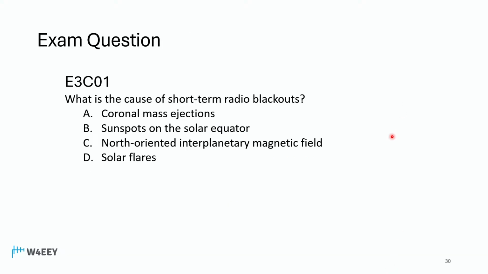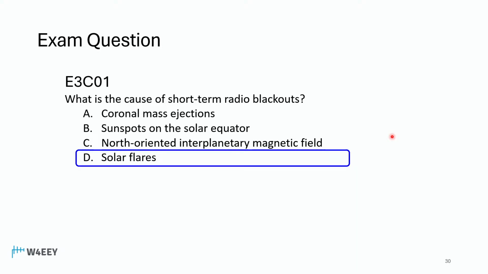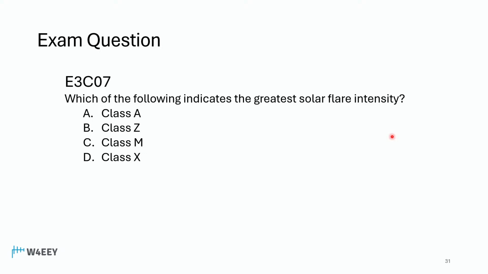So into some questions. What is the cause of short-term radio blackouts? D. Solar flares, yep. Thank you. Yeah, I can't tell the difference between B and D, so delta does it for me. Which of the following indicates the greatest solar flare intensity?